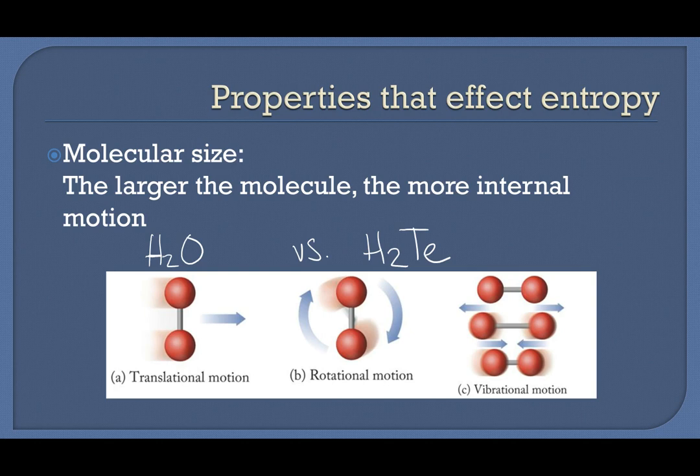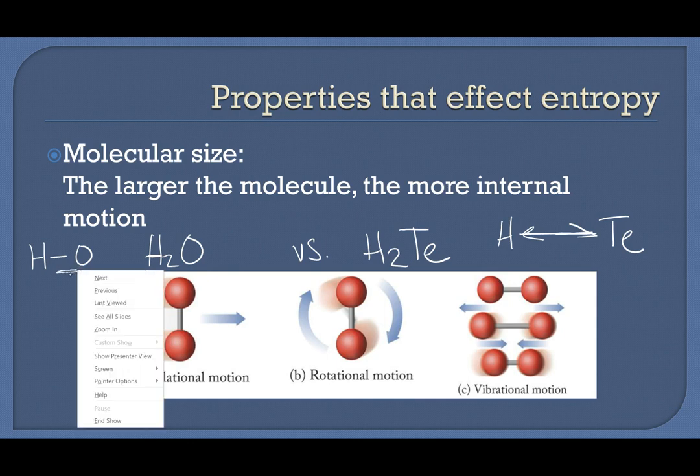So the different kinds of motions that we see are translation, rotations, vibrations. So if we've got a bond over here that's this big and a bond over here that's this big, you can see the amount that this can move back and forth. So think squeeze in, go out, squeeze in, go out. That's going to be a bigger movement or opportunity for movement than this teeny tiny bond over here.